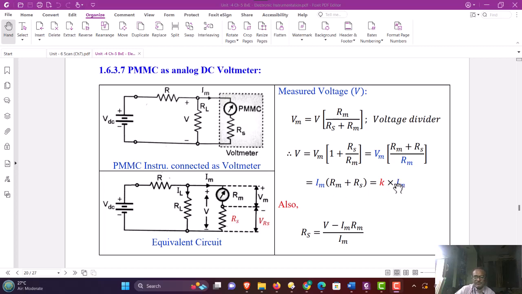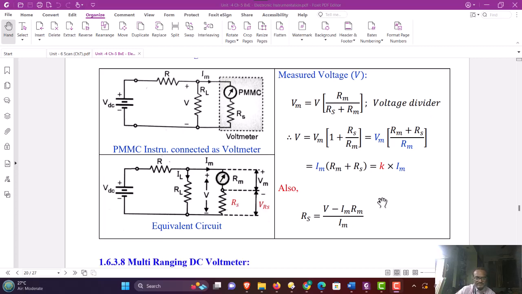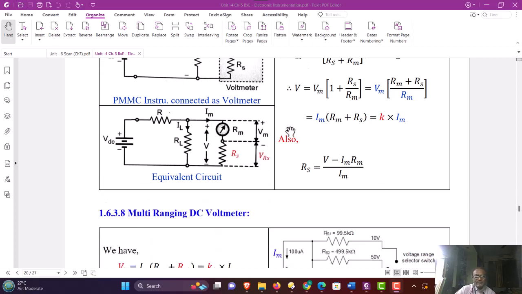When the current flowing through the instrument is Im, there will be a deflection on the PMMC instrument, and the scale is directly calibrated in terms of voltage by multiplying the current reading by the factor K, and the voltages are printed directly on the scale. The Rs value can be obtained from the circuit.